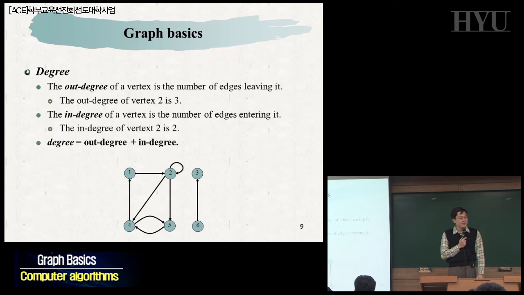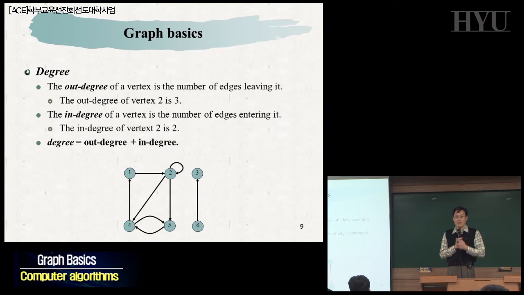Why? Yes, it has only one outgoing edge. So the out degree of 1 is 1. What is the in degree of vertex 1? 1. Yes. Why? It's from 4. Yes, it has only this incoming edge. So its in degree is 1.